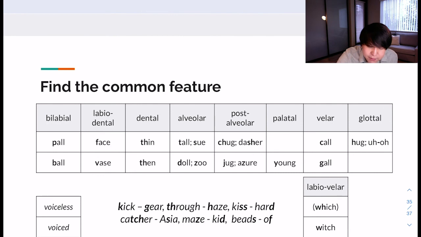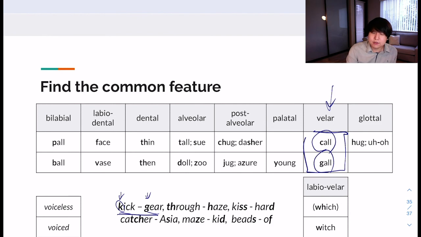What's the common feature of k in kick and g in gear? Kick and gear, k and g. K is as in call, and g is as in gear. So these two sounds both fall into the velar category. That's the common feature of these two sounds.